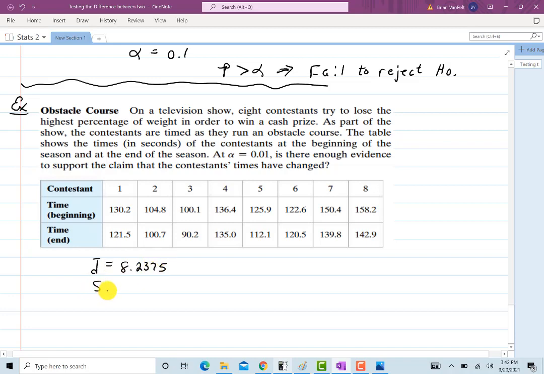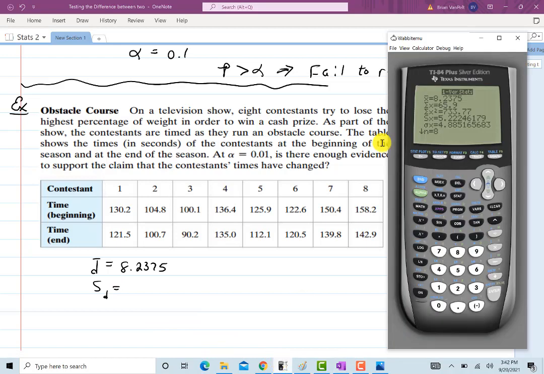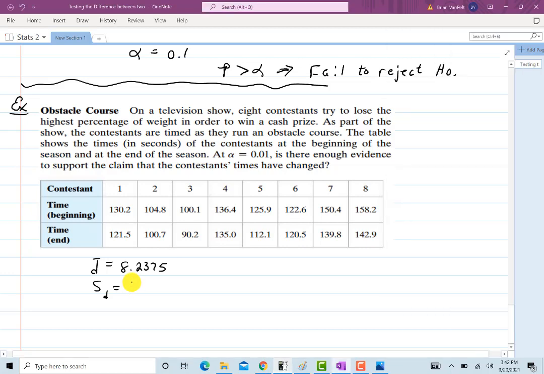And S sub D. The S sub D is most likely not exact, but 5.2225. I think I'll round it to 4 places. My guess is that it matters almost not at all, but you know, when you've been doing math as long as I have, you get a bit OCD.